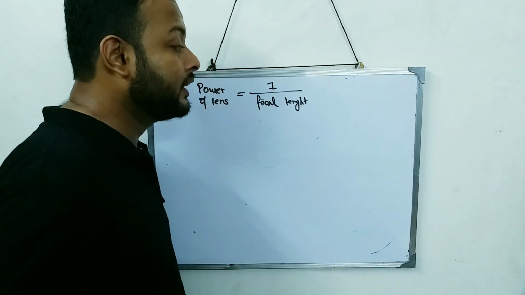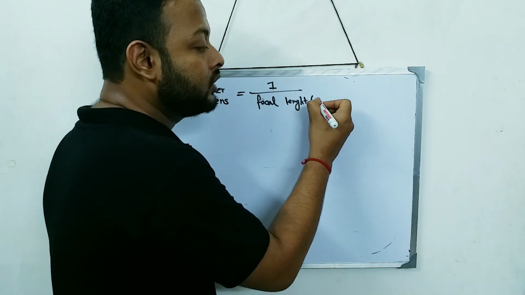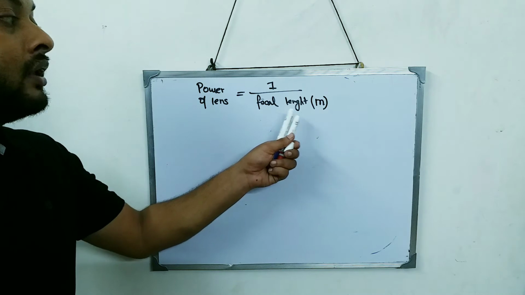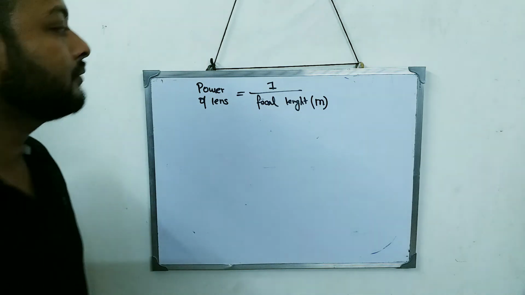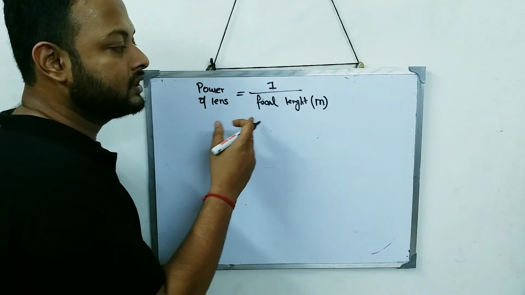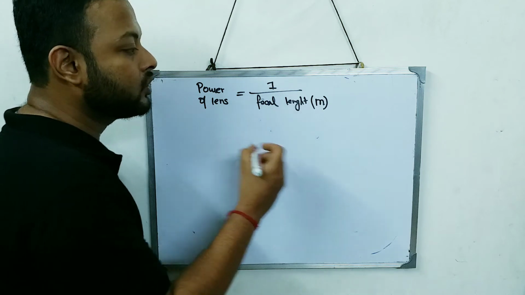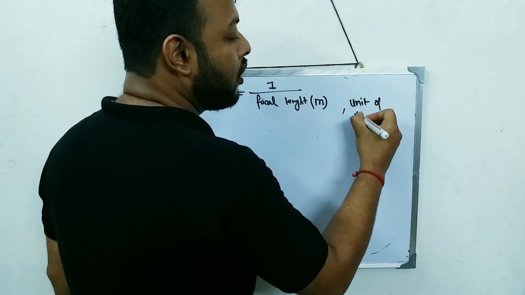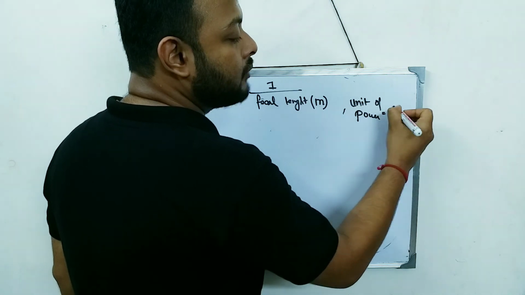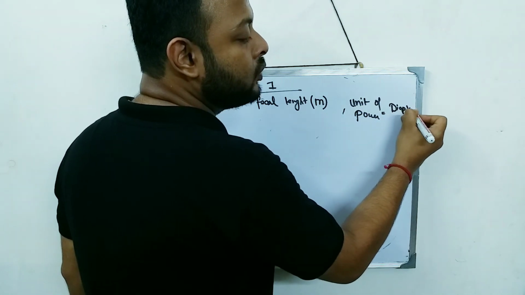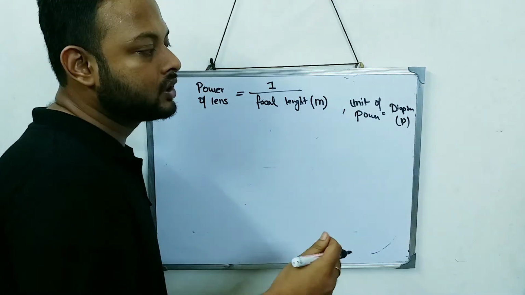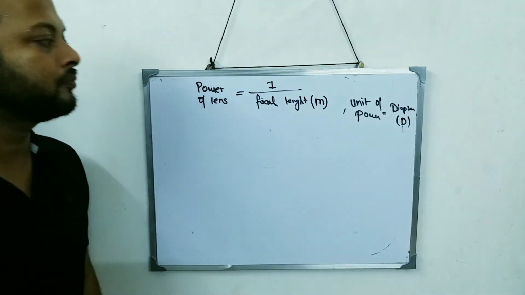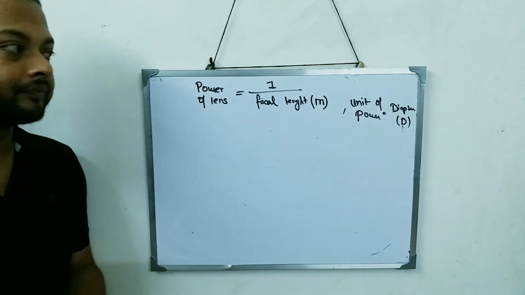But remember, the focal length should always be taken in meters. When you solve this, you will get the power, and the unit of power is the diopter. It's a new term for you, but you will slowly learn. It is diopter, D. The unit of power is diopter.